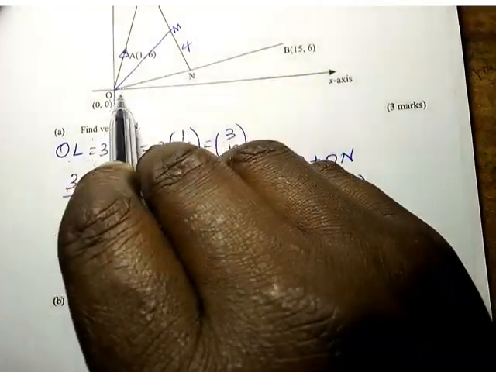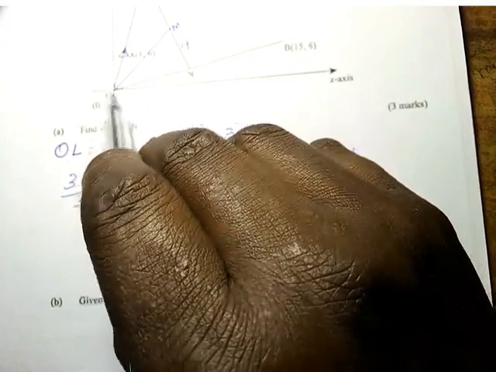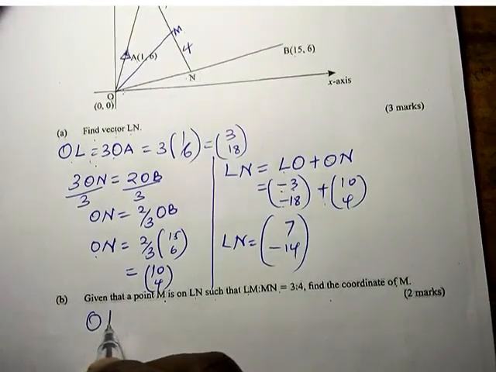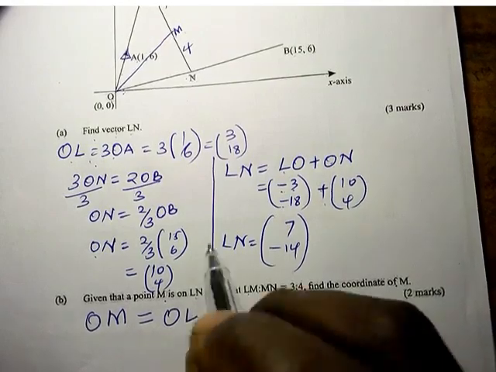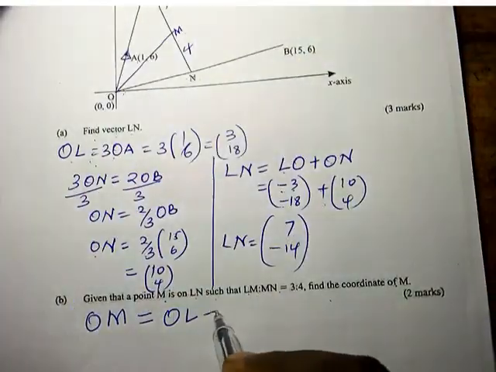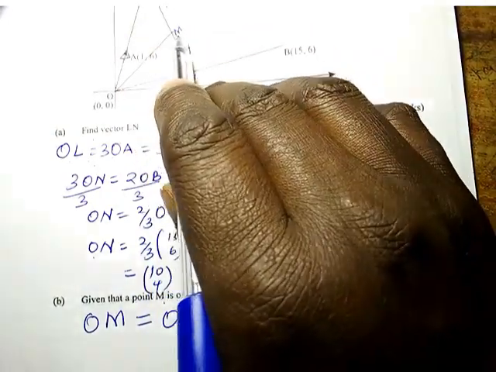To get the coordinates of M, you find vector OM. So OM is equal to OL plus LM.